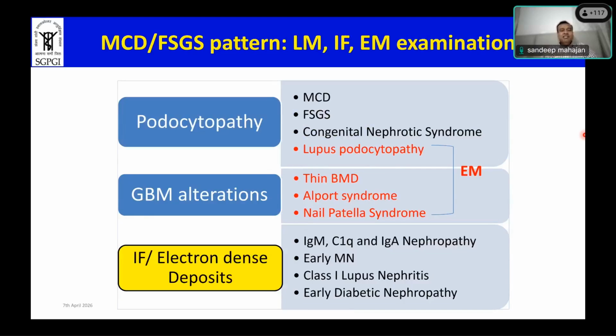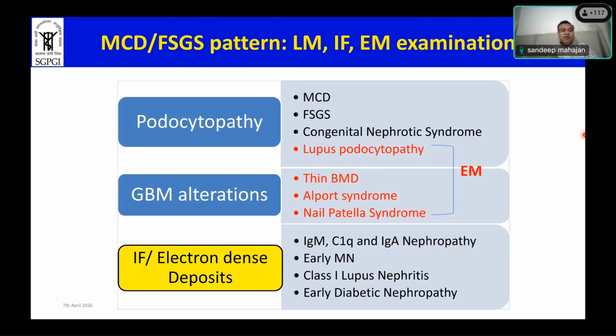Normally, for a child, the probability of having MCD is so high that you don't do a biopsy and give a trial of steroid straight away. So it's only the steroid resistant or steroid dependent who would undergo a biopsy. And for a steroid dependent, the invariable diagnosis would be FSGS, though now we broadly clump them as podocytopathy.